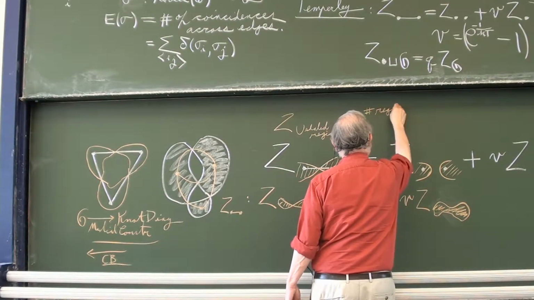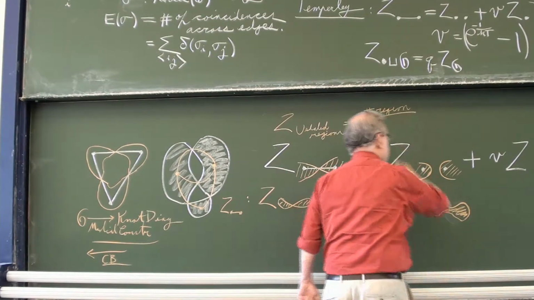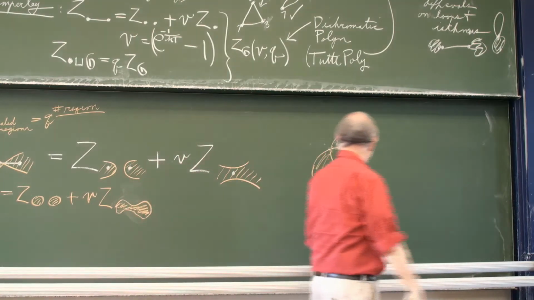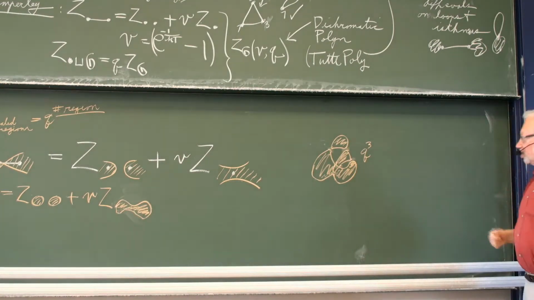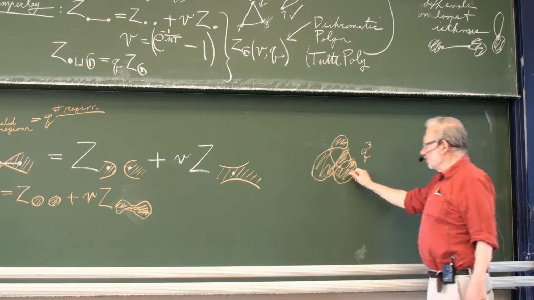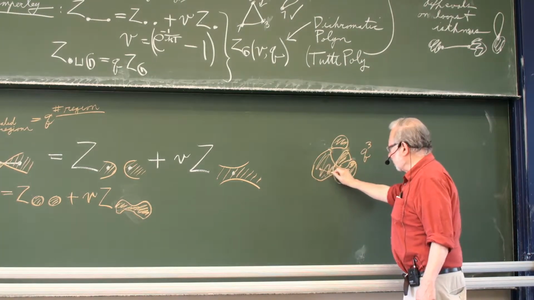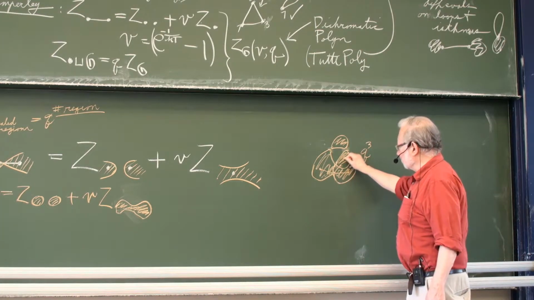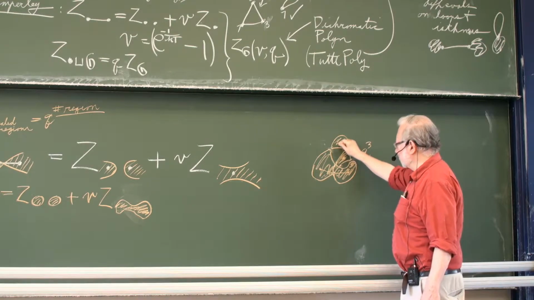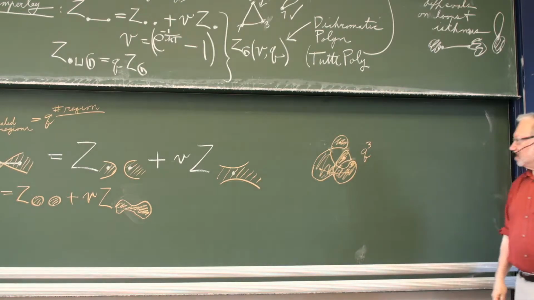Why the number of regions? Because each region corresponds to one collapsed vertex in the deletion-contraction algorithm. There were two vertices here and here, and they got collapsed when this happened. There was one vertex here and it got collapsed to itself, and this one got collapsed to itself. So you see the number of regions is what you're after here.